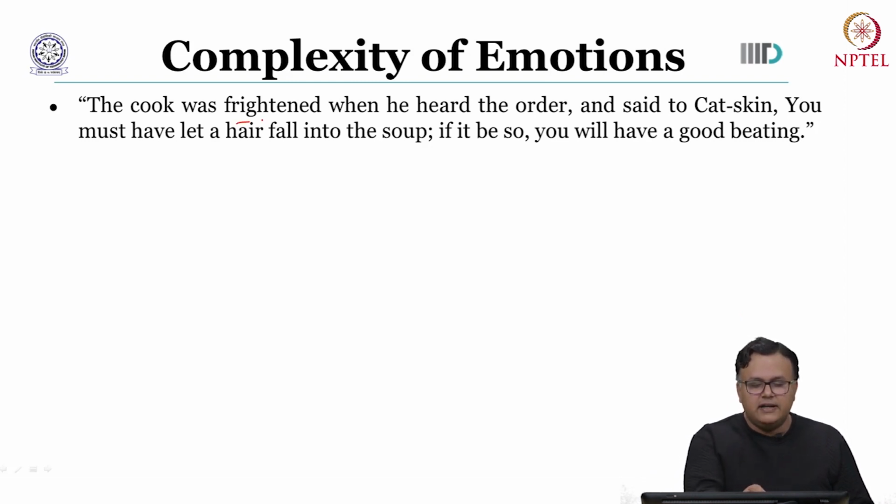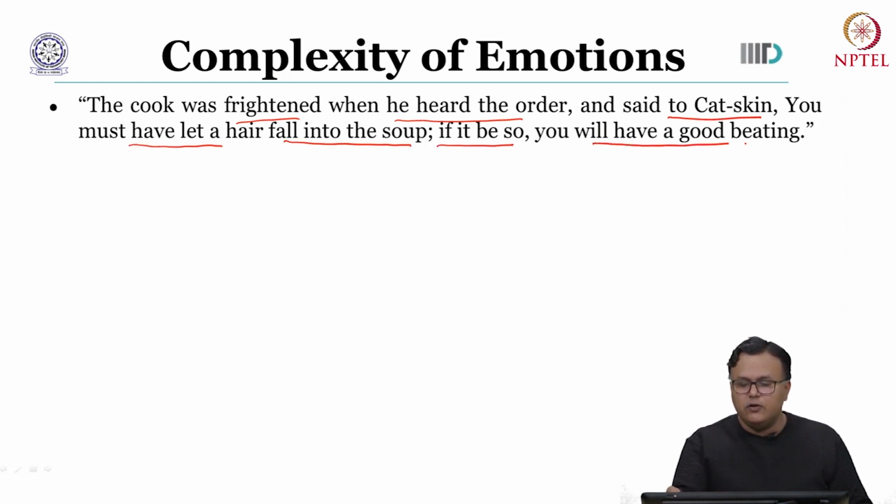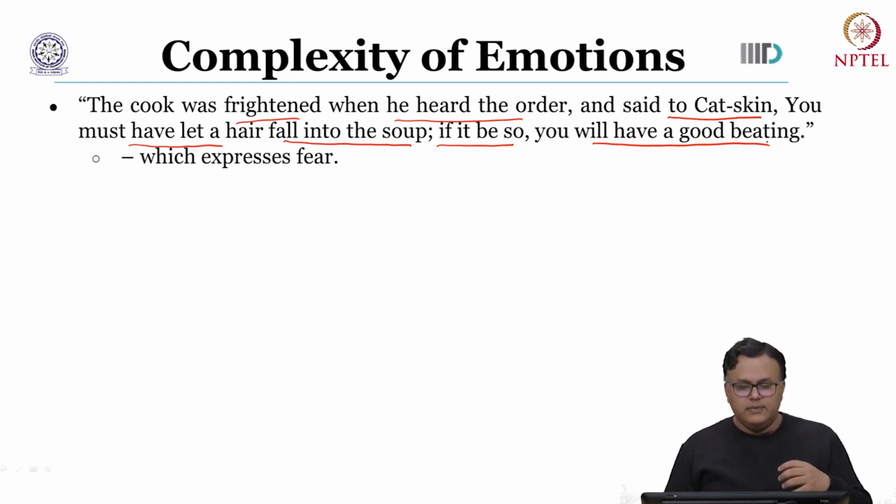The cook was frightened when he heard the order and said to Catskin, "You must have let a hair fall into the soup. If it be so, you will have a good beating." Now here you have a complex statement where the subparts are also reflecting different emotions. However, this mainly is expressing fear.